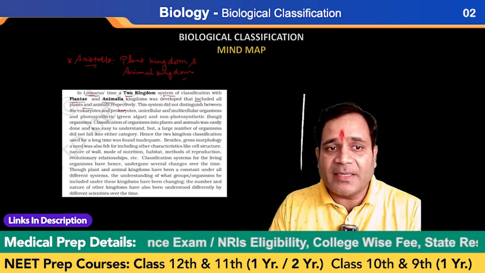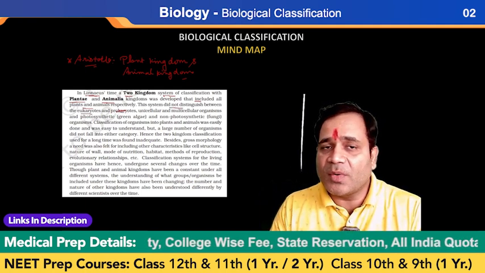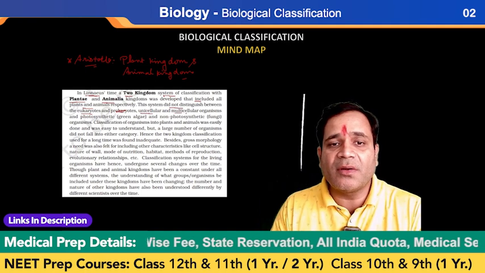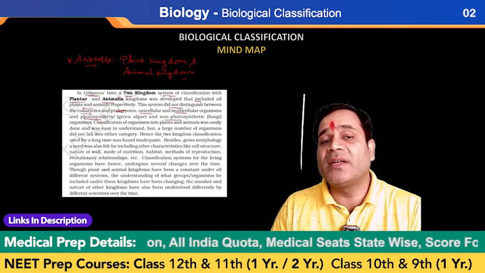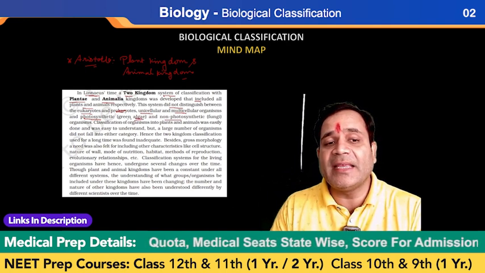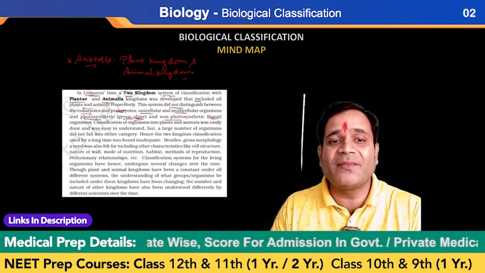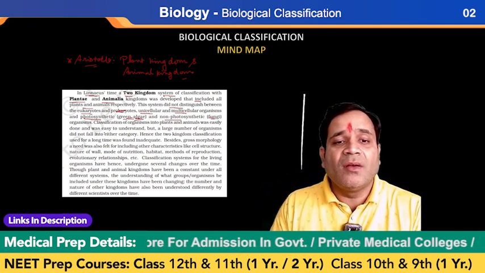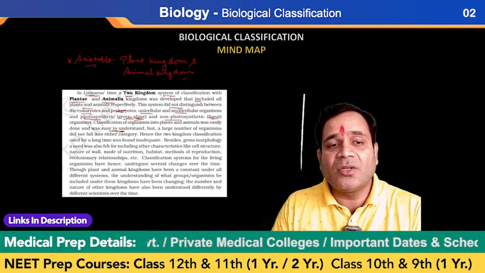But this system did not distinguish between eukaryote and prokaryote, between unicellular and multicellular organisms, or between photosynthetic and non-photosynthetic, such as green algae and fungi. So this classification of Plantae and Animalia was not easy to understand.